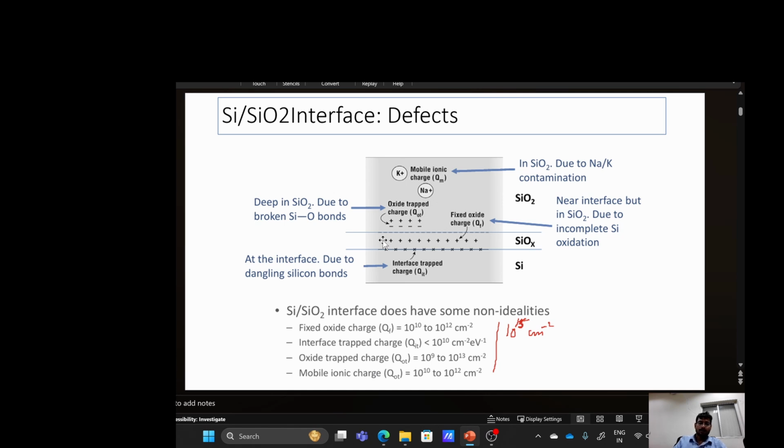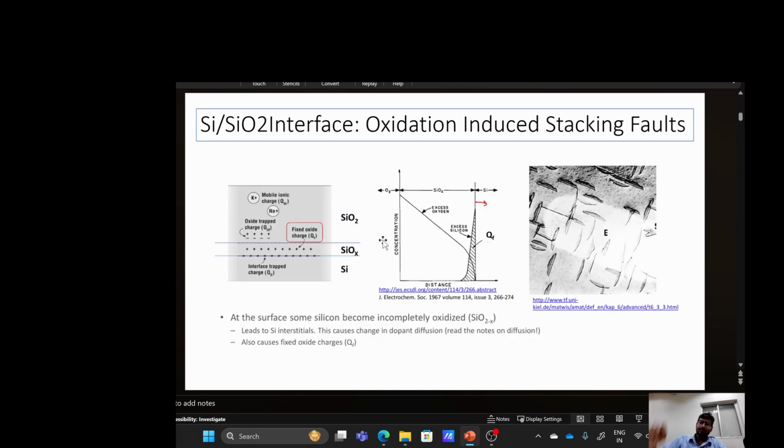Now we will see the fixed trap charges, which are because of the stoichiometry problem at the very interface of SiO2, one or two monolayers of SiO2. These SiOx layers trap the charges.